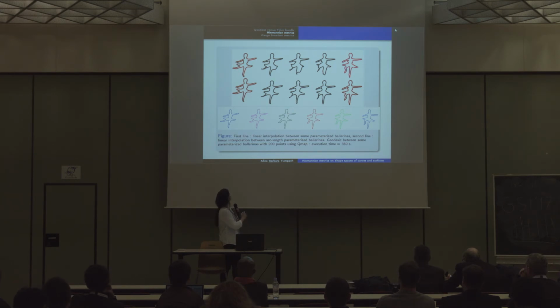So here you plug in the first shape and the end shape, and it gives you the geodesic in the quotient space, so in the shape space, between these two. Well, I think it's perfect. I was not able to do better than this. And it's very quick.